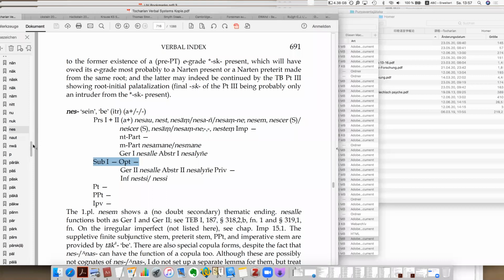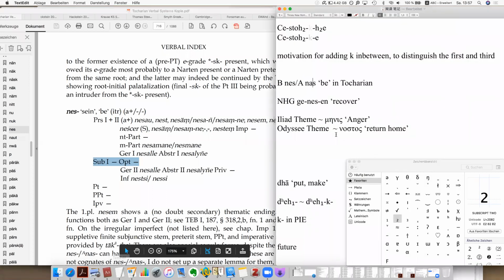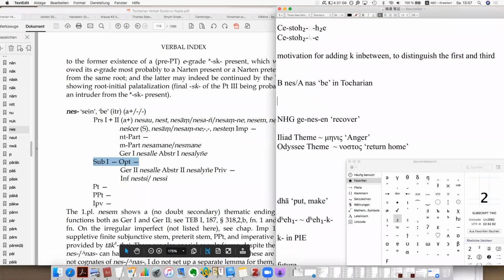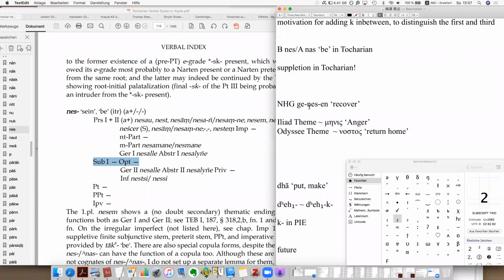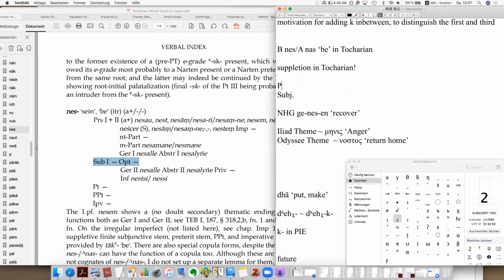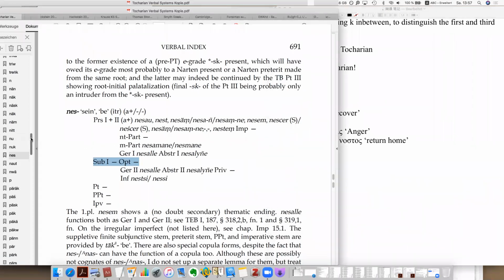Why? Because in Tocharian, this word has a suppletion. The subjunctive. So this is the present. Present is nes, but the subjunctive is a totally different root.